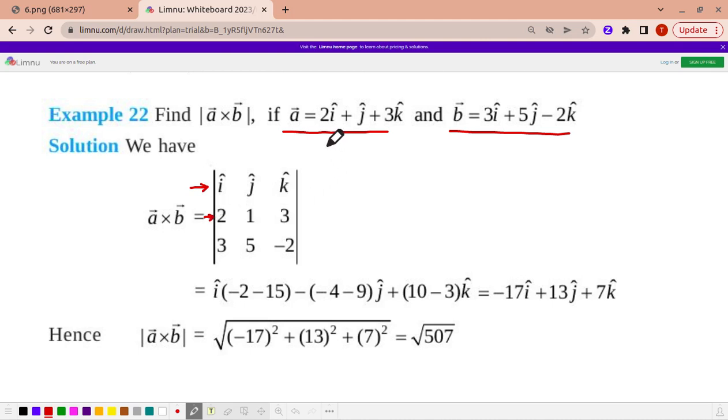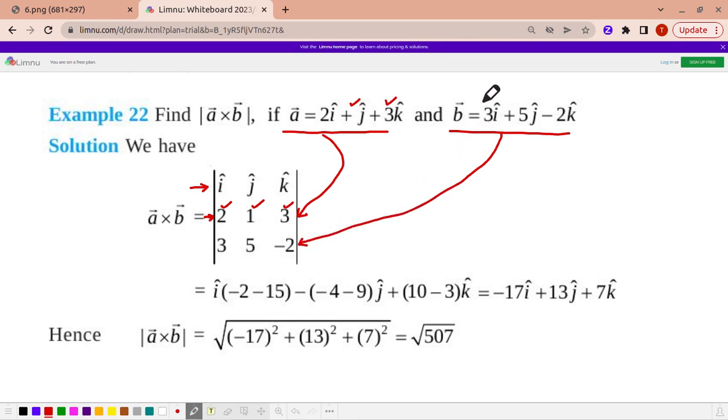The second row will be the coefficients of i cap, j cap and k cap of the vector a. You see the coefficient 2 first, so that's why 2 is here, then j cap is not written, which means it is 1, so 1 is there, and then 3 is there. Similarly, the coefficients of i cap, j cap and k cap of the vector b go into the third row.